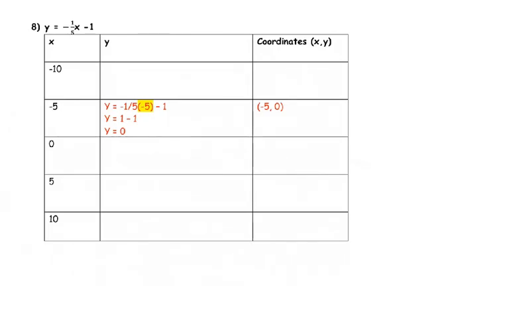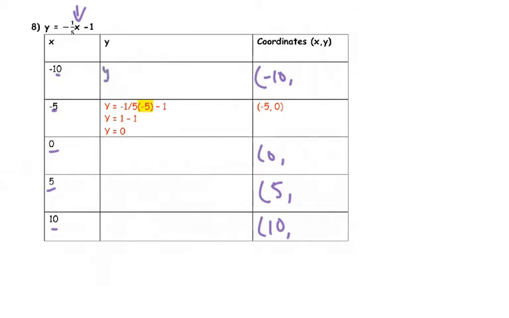Last one. Let's go fill in our x's. Remember, I got those right here. And those are going to go right here to solve the equation.